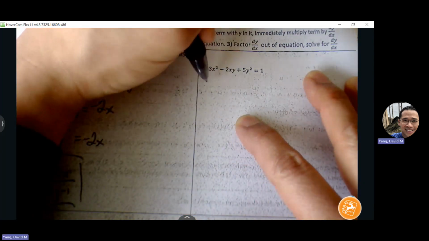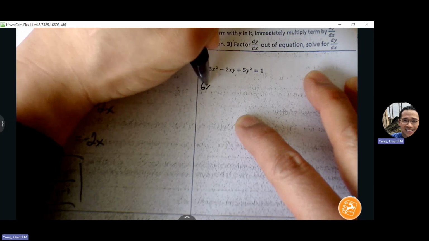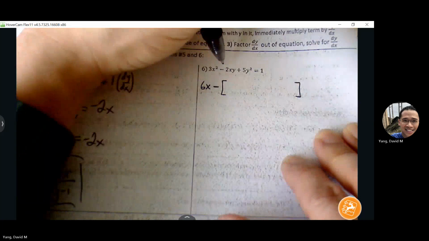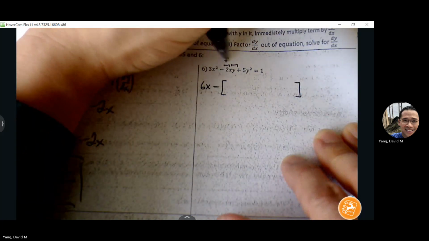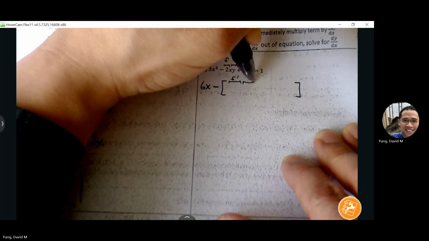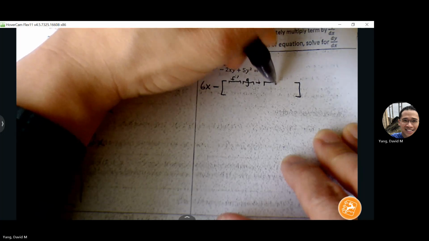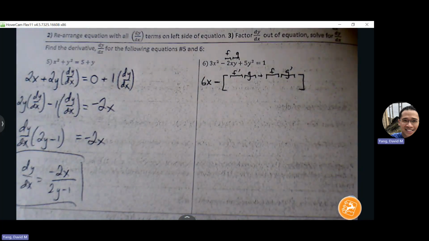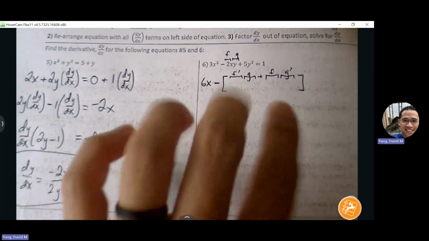Okay, so one term at a time here. 3x squared becomes 6x. I'll do product rule within this set of brackets here.